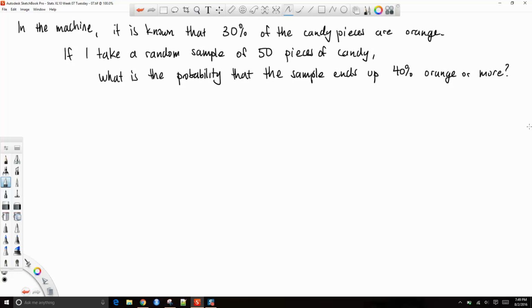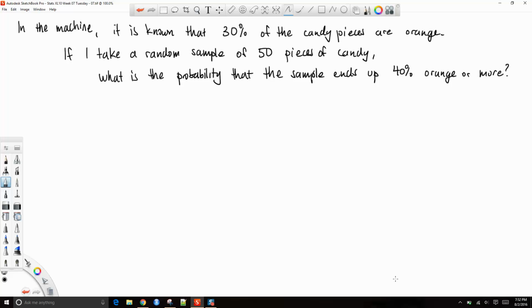We expect that it's generally around 30% orange. But because it's random, could it end up being 40% orange? Or 42% orange? Yeah, it's possible. So if I take a random sample of 50 pieces of candy, what's the probability that the sample ends up being 40% orange or something more than that? See if you guys can work this out. I'm going to go ahead and pause the video, and we'll see how we do.